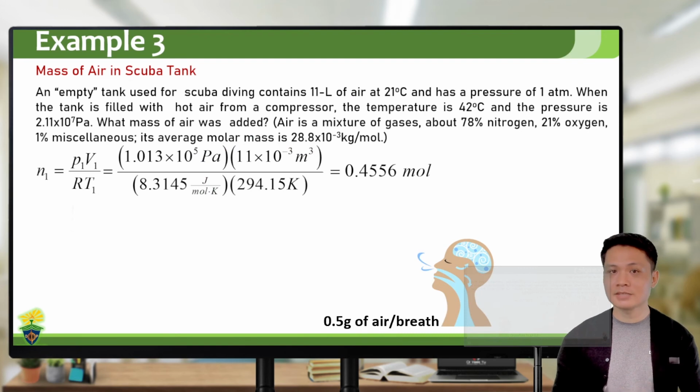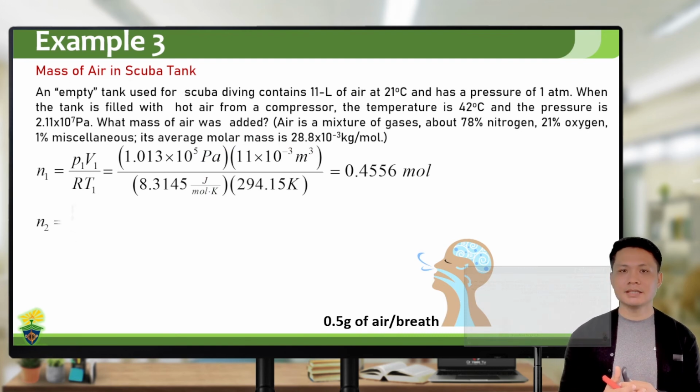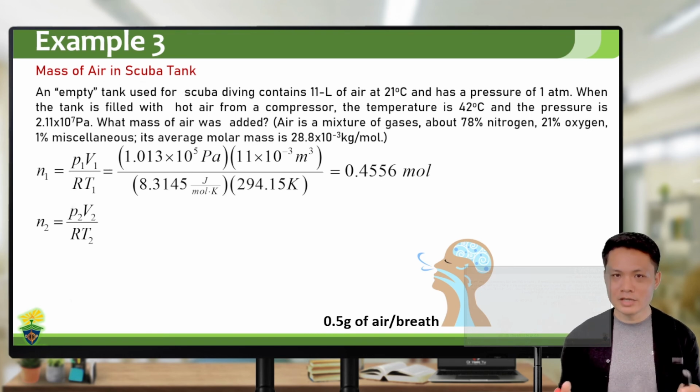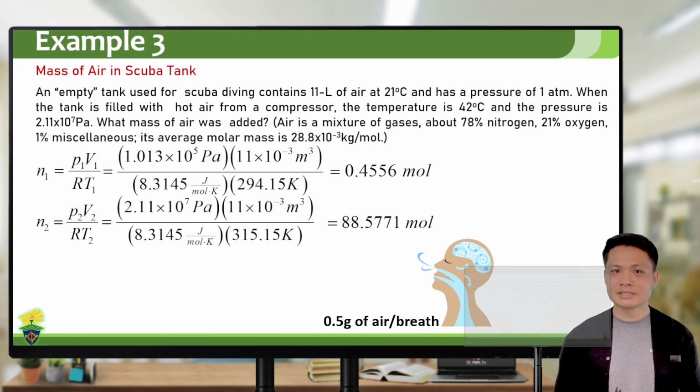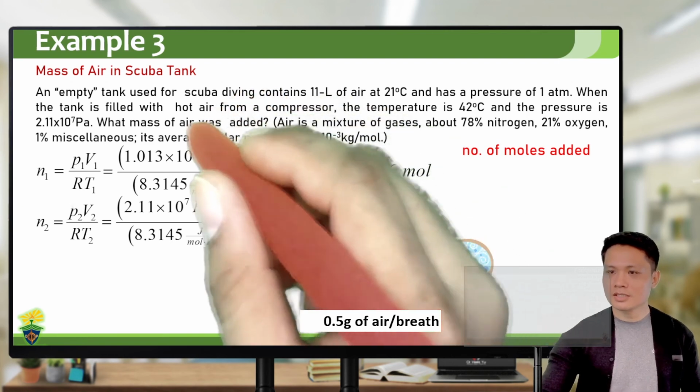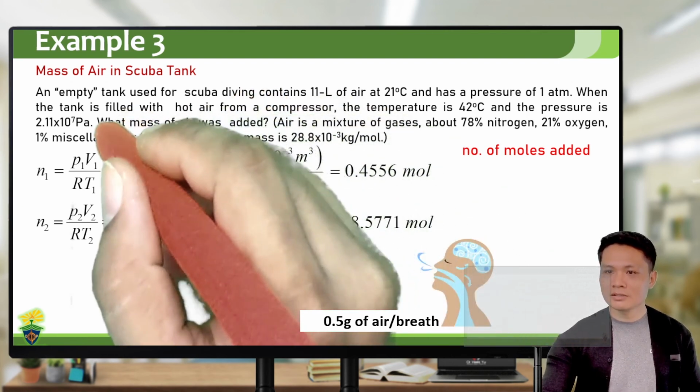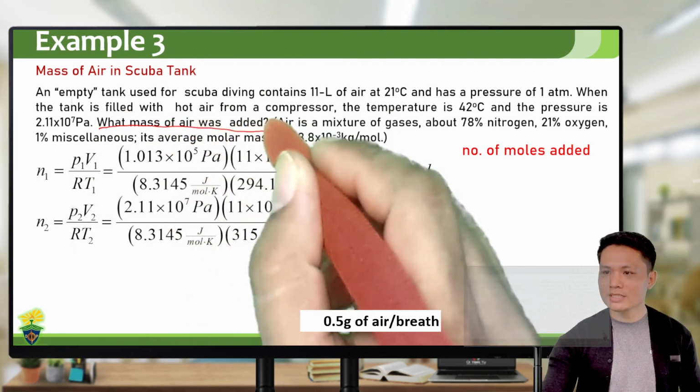That's the initial amount of gas inside the tank. And once more gases are introduced and compressed into the tank, then we have this final number of gases. We have 88.5771 mole. So, the question here is, what mass of air was added?